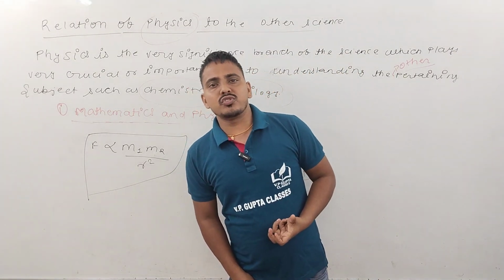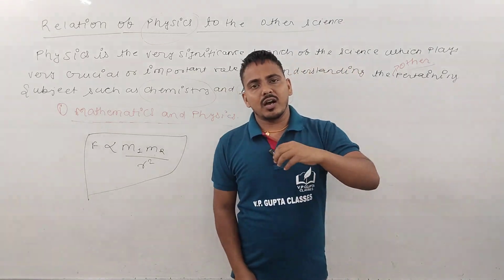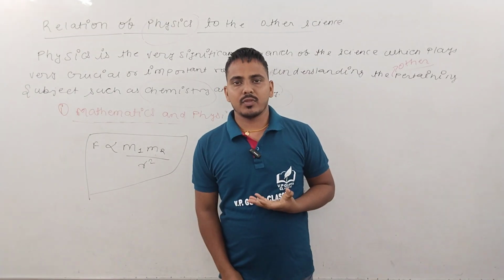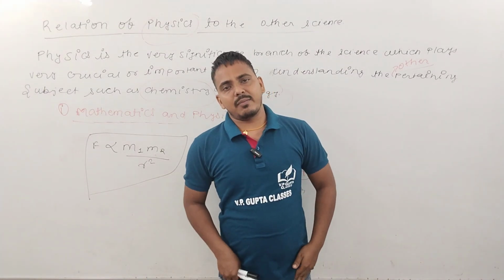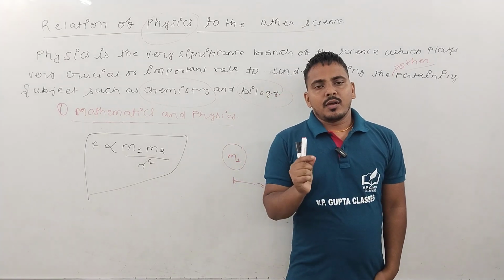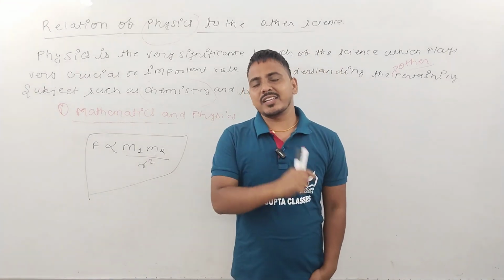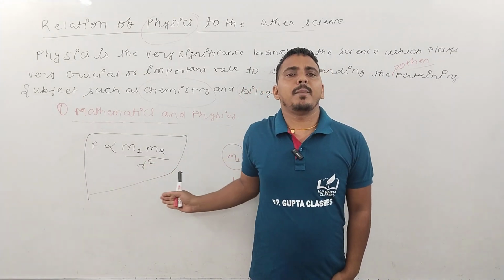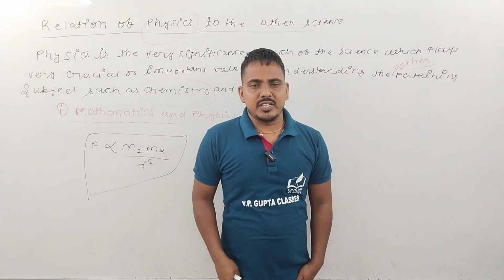If we use mathematics, then we can easily explain any natural phenomena. So we can say that mathematics is the language of physics, which plays a very important role in physics.